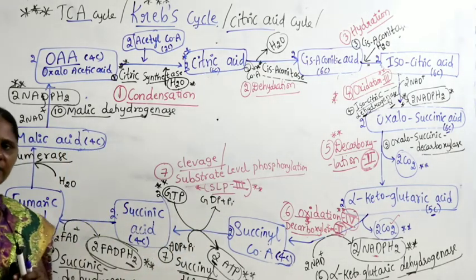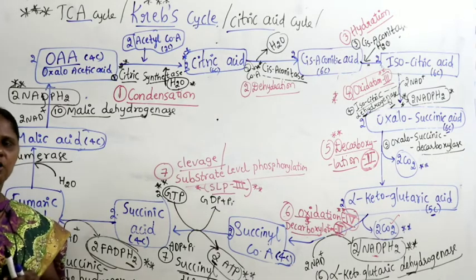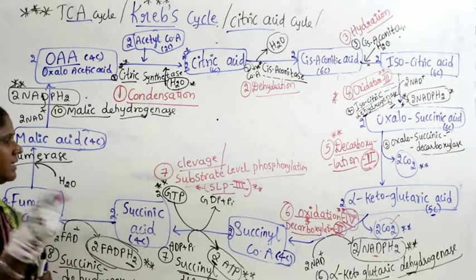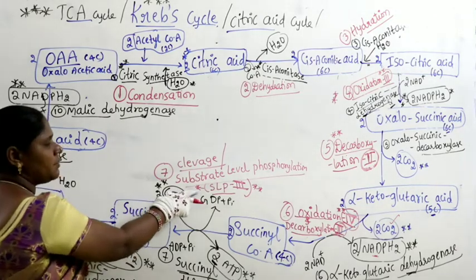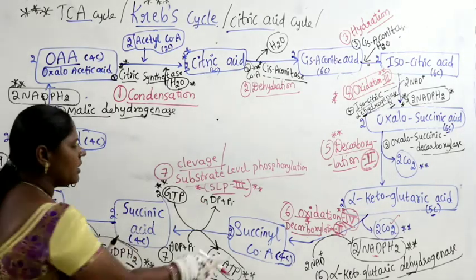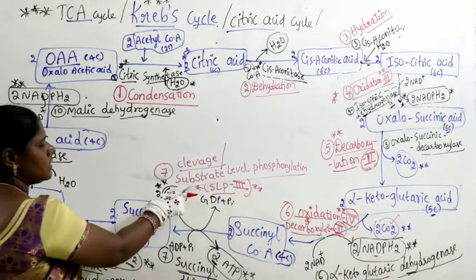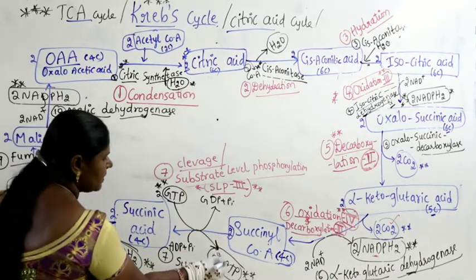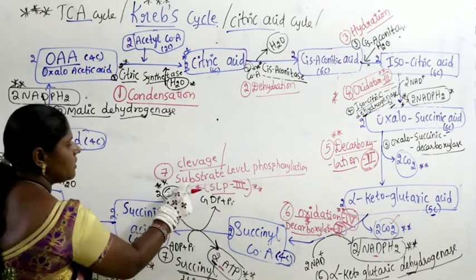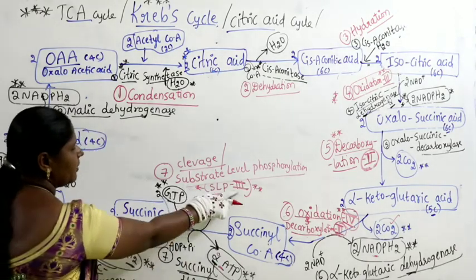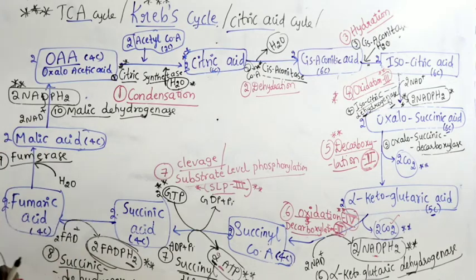Where is SLP1? SLP1 is in glycolysis, SLP2 also is there in glycolysis, SLP3 occurs in Krebs cycle. Where in Krebs cycle? Conversion of succinyl-CoA to succinic acid. Because here ATP is released, that's why it's called substrate level phosphorylation number 3. It's also called cleavage, right?